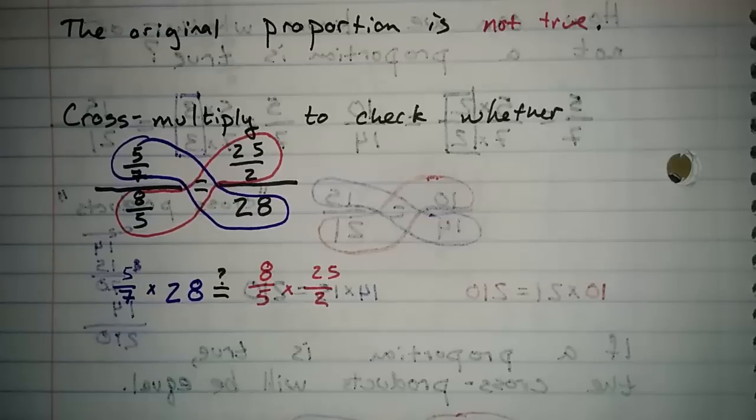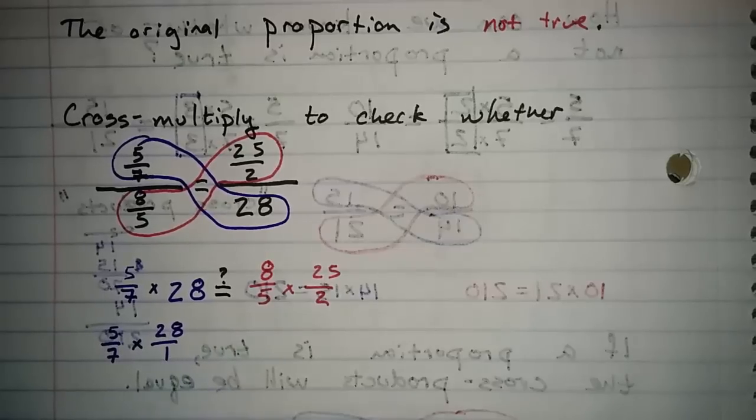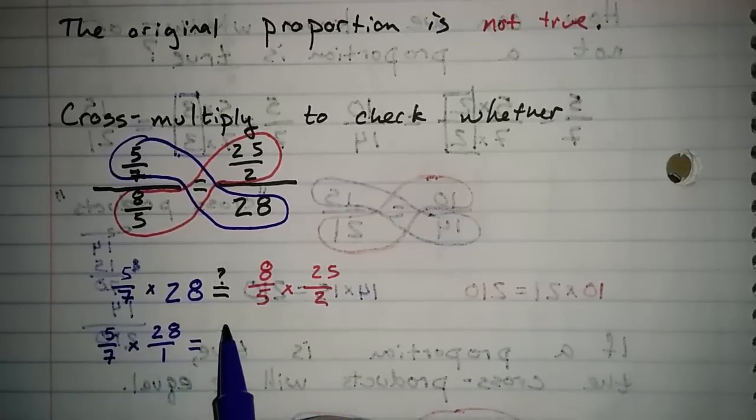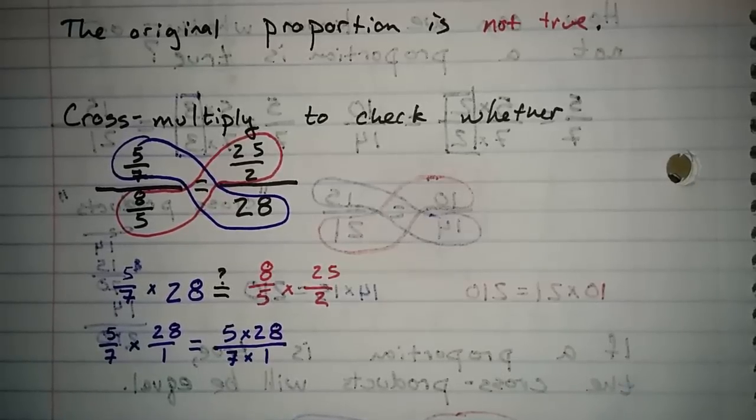Okay. Well, to decide whether these are equal, I guess that first we'd better just multiply, hadn't we? So let's see. Over here I'll have 5/7 times 28 wholes, which will be 5 times 28 over 7 times 1.